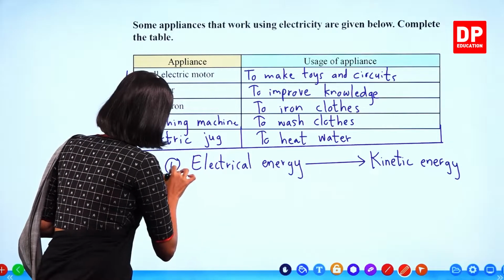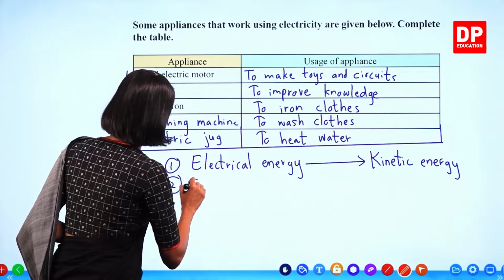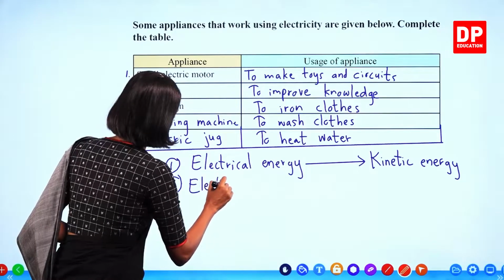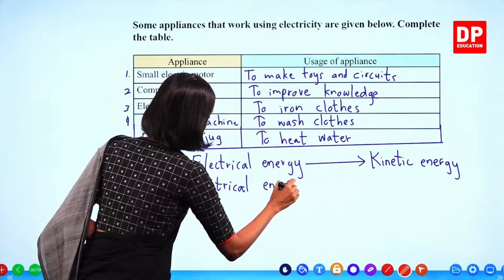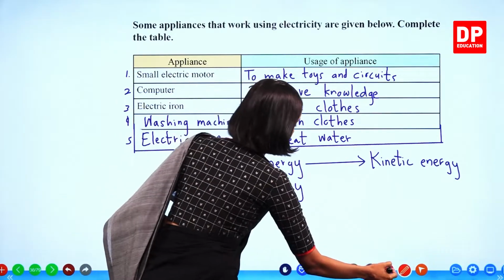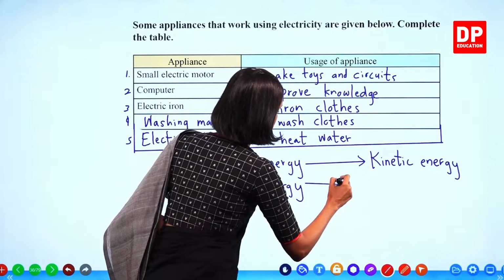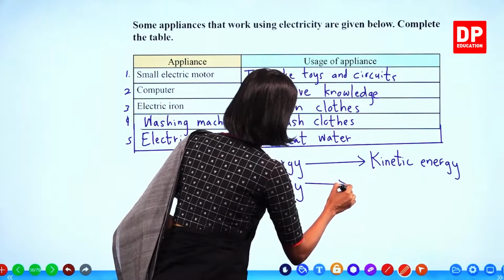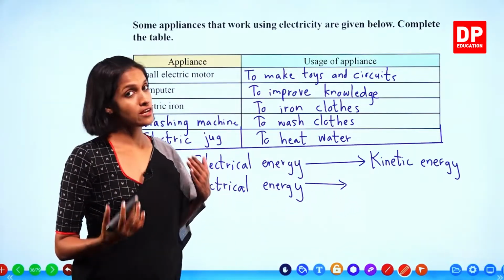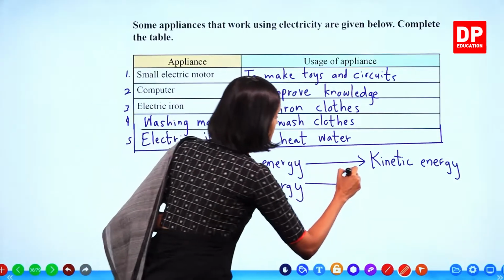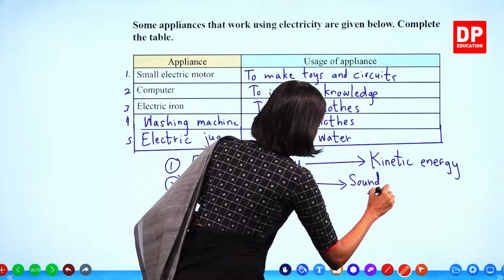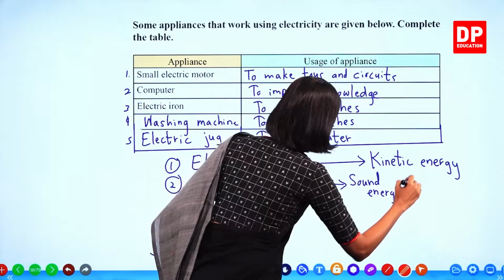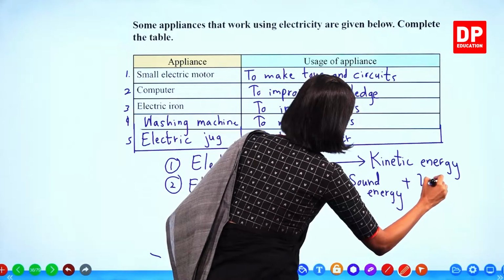So for the computer, electrical energy converts to, we can write sound energy and light energy both, okay? Sound energy and light energy as well.